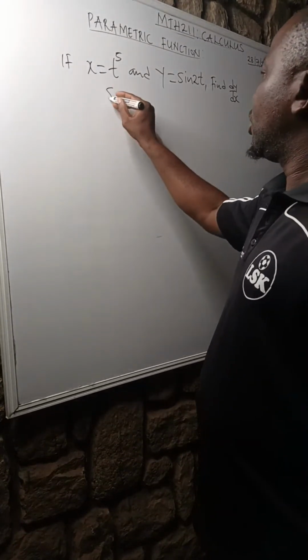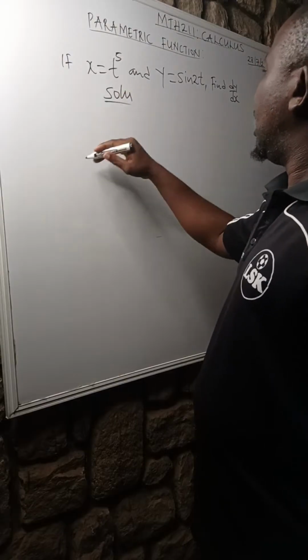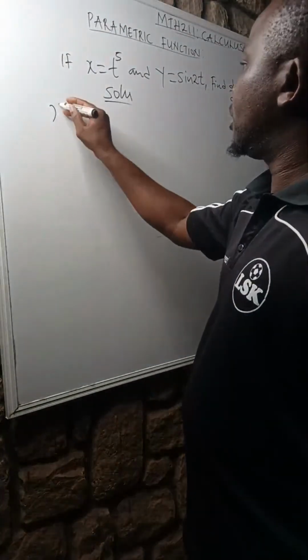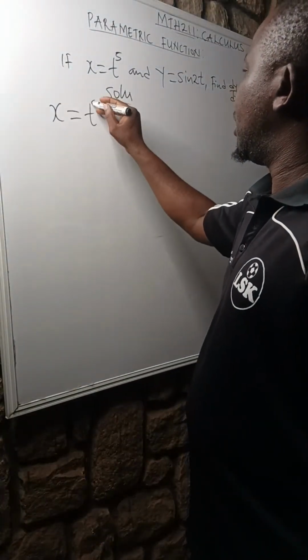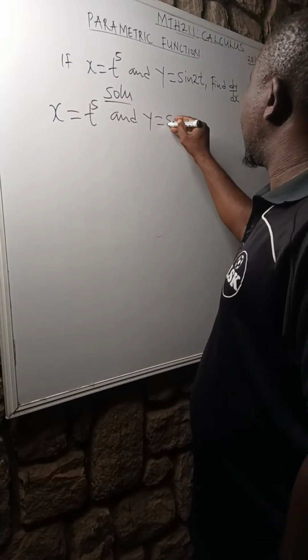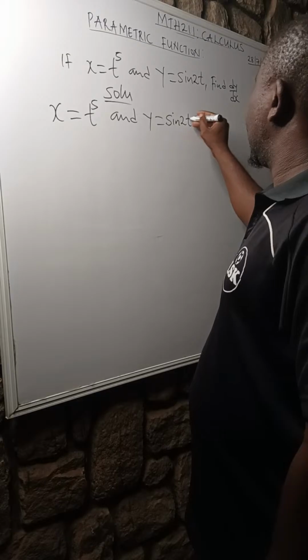We write the solution. x equals t raised to the power 5, and y equals sine 2t.